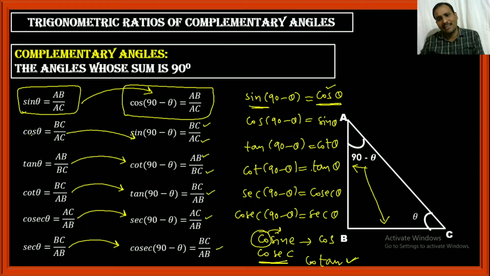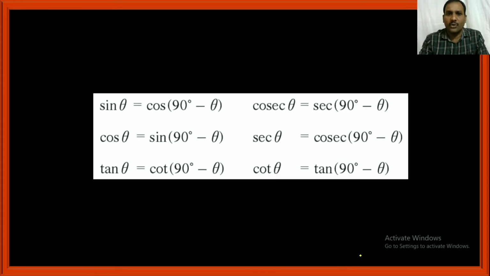Cotan is the complementary of tangent. So you can remember it that way also. That is how they were named. So we can put all these in a tabular form.